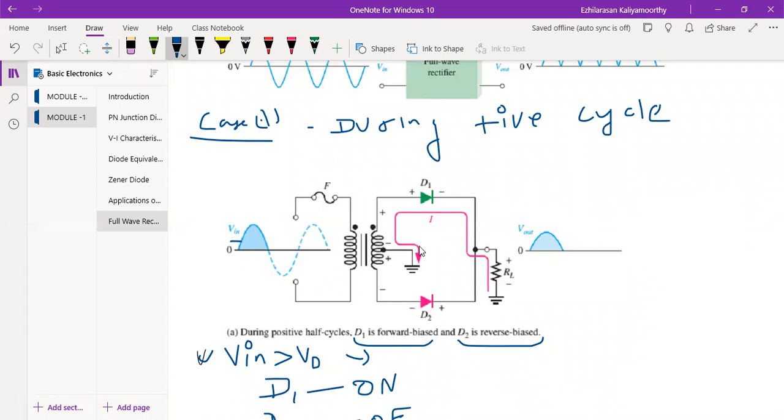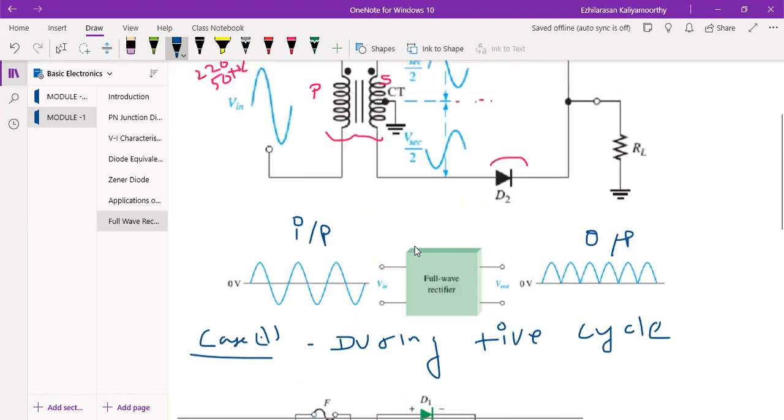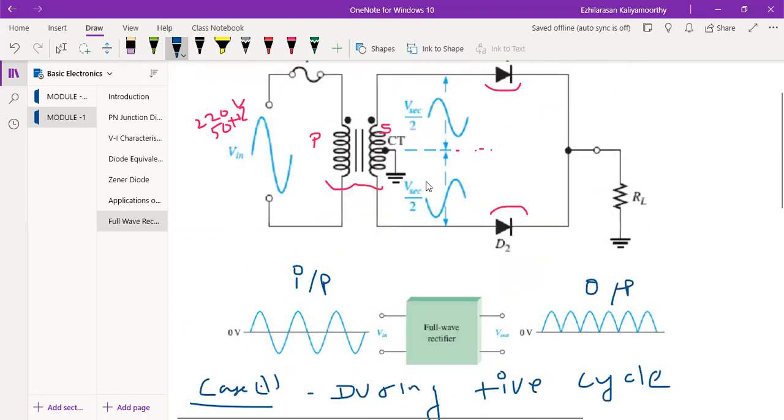This is plus, and here you see plus minus, then plus minus. Positive to positive, so the diode D1 will work. D1 will be on and D2 will be off.